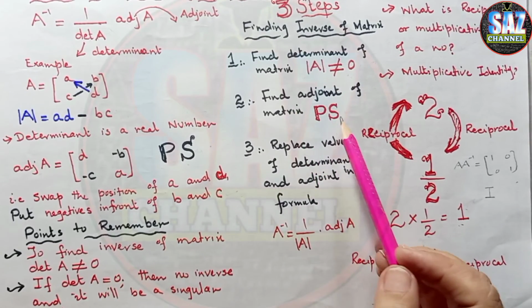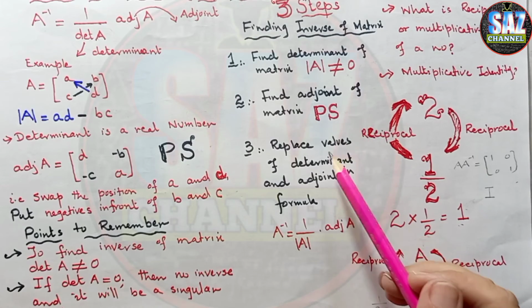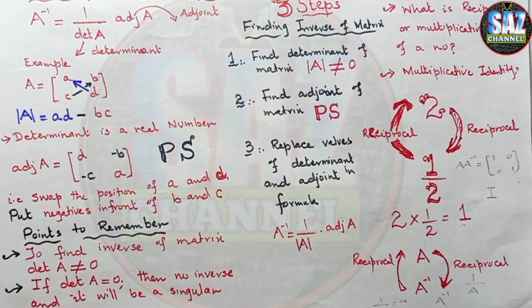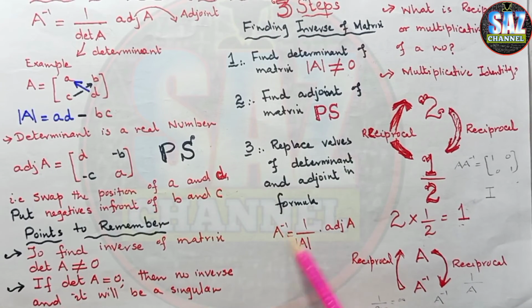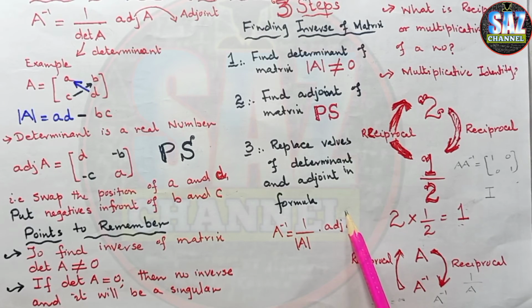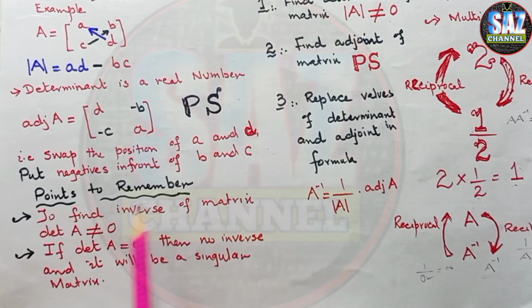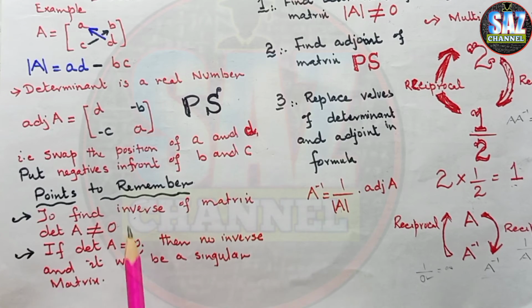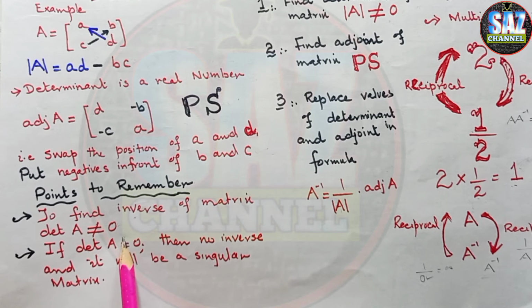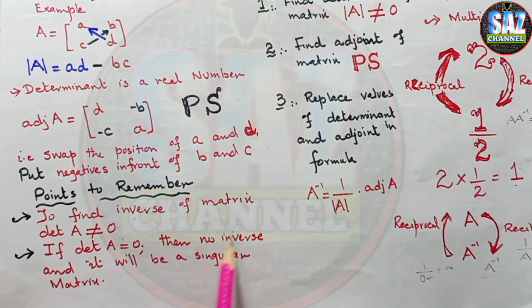Then we find the adjoint, and finally we put both answers in the formula A inverse equals 1 over determinant of A into adjoint of A. To find the inverse of a matrix, the determinant should not be equal to 0. If the determinant is 0, then no inverse will exist and it will be a singular matrix.